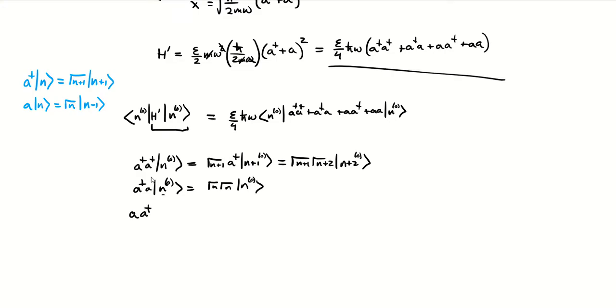Similarly, a a dagger on n gives us a root n plus 1 from the raising operator, bringing us to the n plus 1 state, and then another root n plus 1 from the lowering operator, which brings us back down to the n state. And then the lowering operator twice gives us a root n and a root n minus 1, and we've dropped down two states in that ladder.